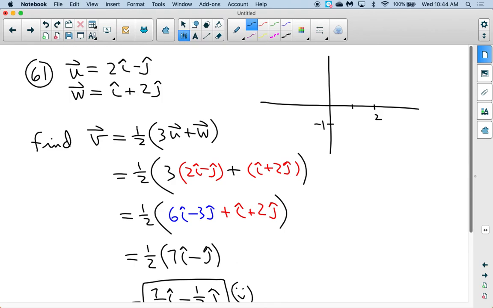Here's U. And W is I plus 2J, 1 over and 2 up. So there's W. U and W, there they are.